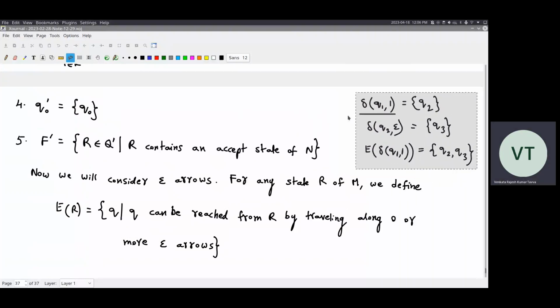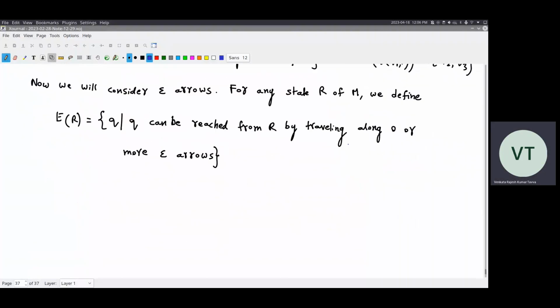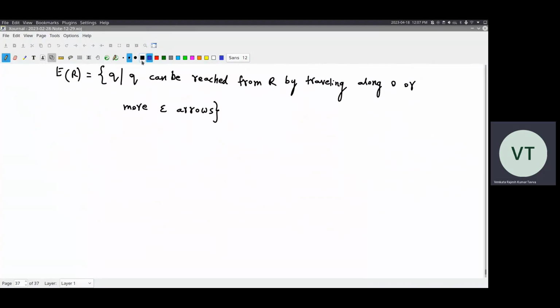This is just an example. I'll give one more example here. But before that, let me modify the transition function.